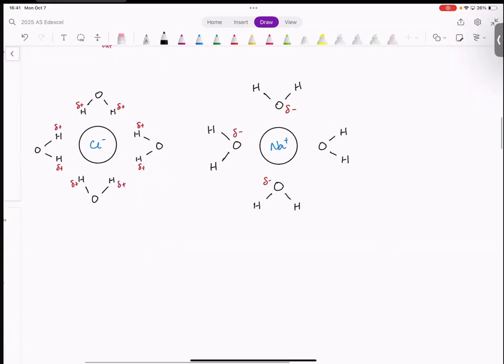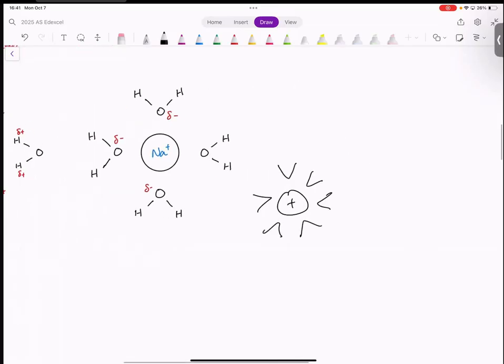If you're feeling lazy and don't want to write all of them, draw it like this, and then label the water molecule. Okay, water. Delta plus, sorry, delta minus. I mean negative charges, and then cation or anion.